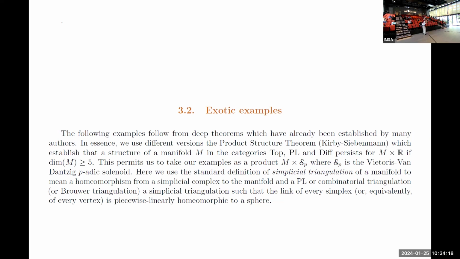And therefore, if I find exoticity in a manifold, exoticity means a manifold that possesses several differential structures, or a manifold that possesses several PL structures, or a manifold that can be triangulated, a simplicial complex, a manifold that can be combinatorially triangulated. Any example, n plus r, will also have that property. So let me give you a more complete example.